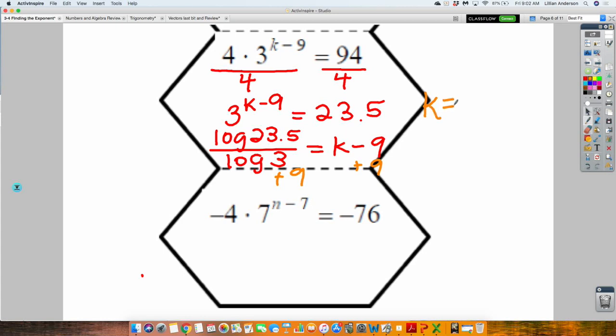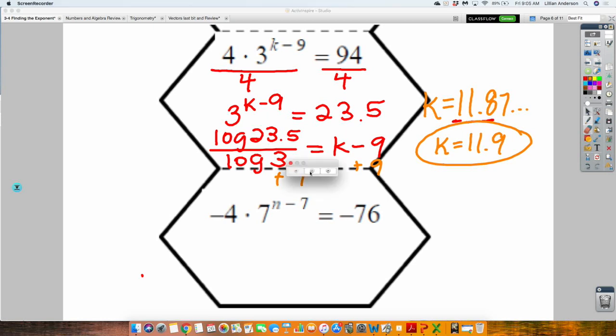Now let's look at this last example. We have negative 4 times 7 to the n minus 7 equals negative 74.